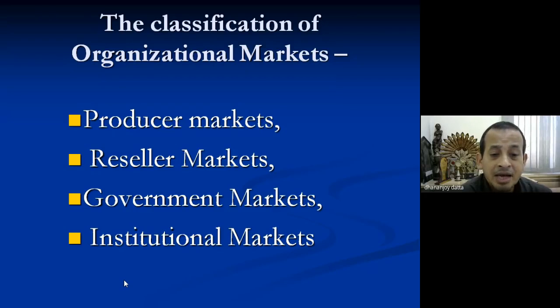Then the last one is the institutional market. The institutional market involves government as well as private institutions. Government institutions like schools, colleges, and hospitals also purchase.